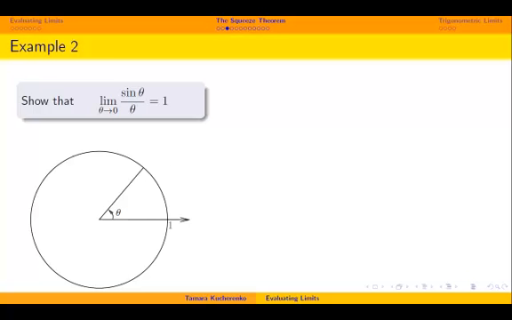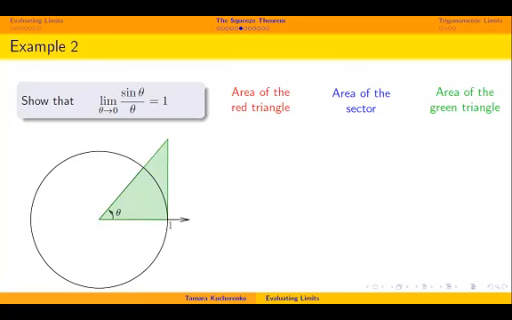Consider a unit circle and let theta be an angle in the first quadrant. We compare the area of the three geometric shapes: the area of the red triangle, the area of the blue sector, and the area of the green triangle.